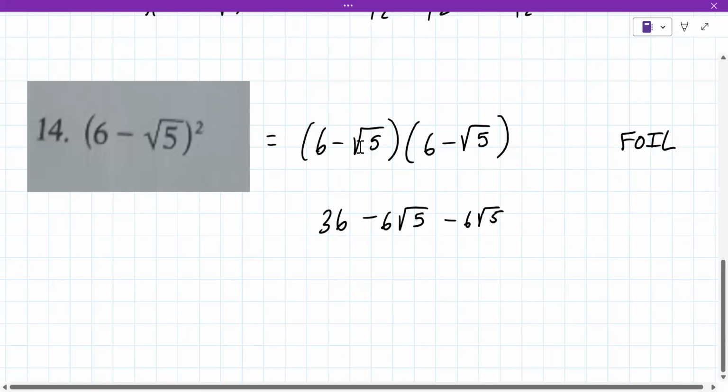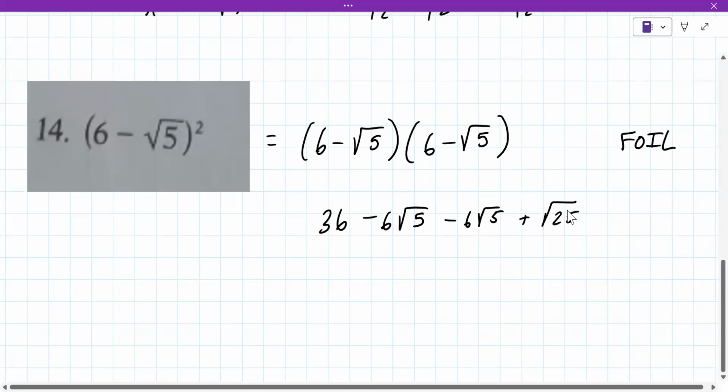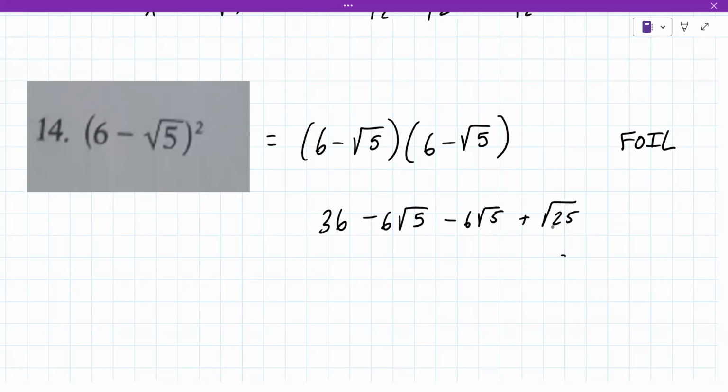You cannot do that unless they're both under the root, which is the case here. L stands for last. Minus square root of 5 times minus square root of 5 is plus square root of 25, like that. Okay. Now, square root of 25 is really 5.